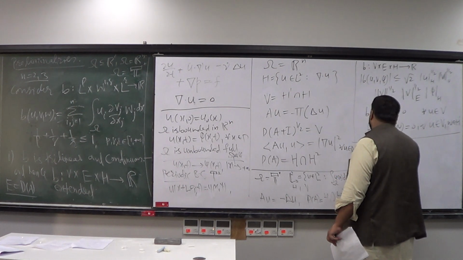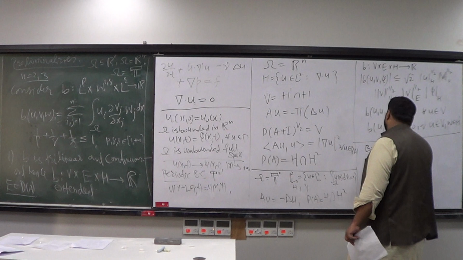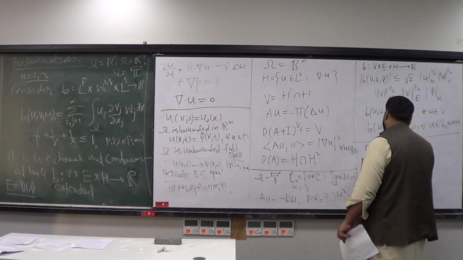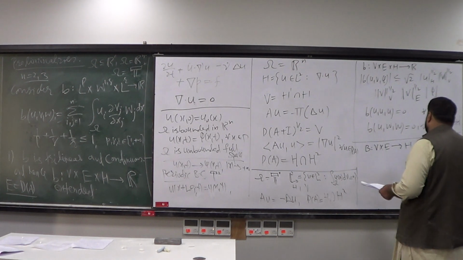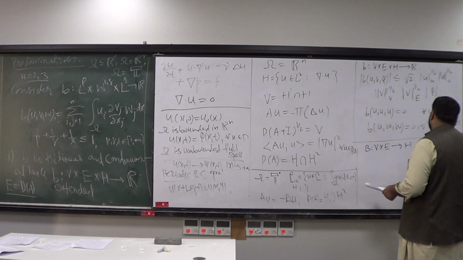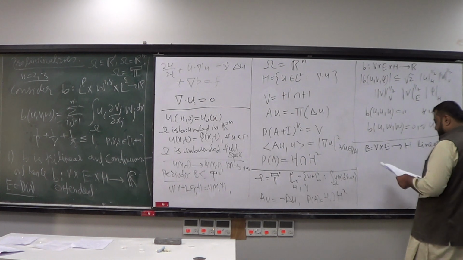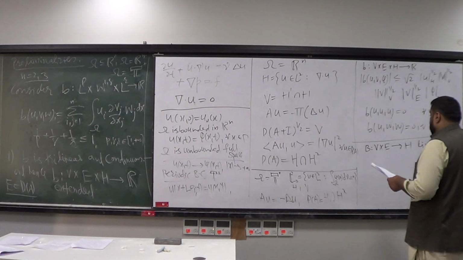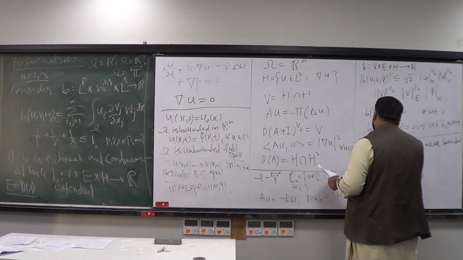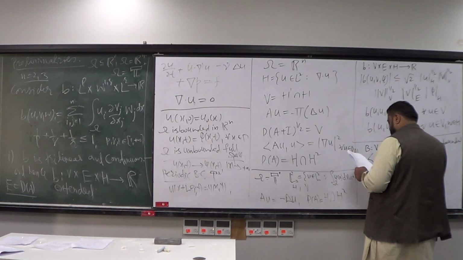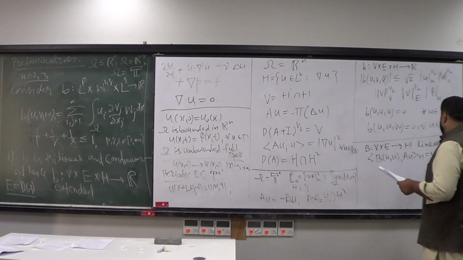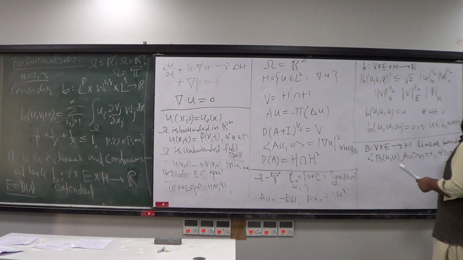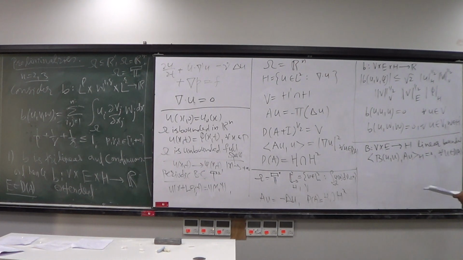that B is a map from V cross E into H, and it's linear and bounded, and this satisfies this interesting property, which is BUU and AU in the H norm is 0 for all U in the domain of A. You have to be in the domain of A so that this can make sense actually.